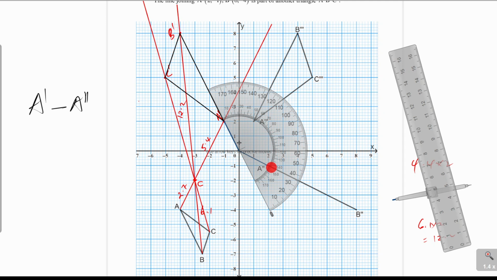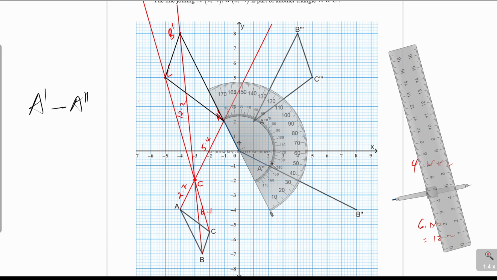Mine is giving 144. So this is 140, this is 144. So from here you measure it like this. So this is 10, 20, like this. And you can see the movement is clockwise.